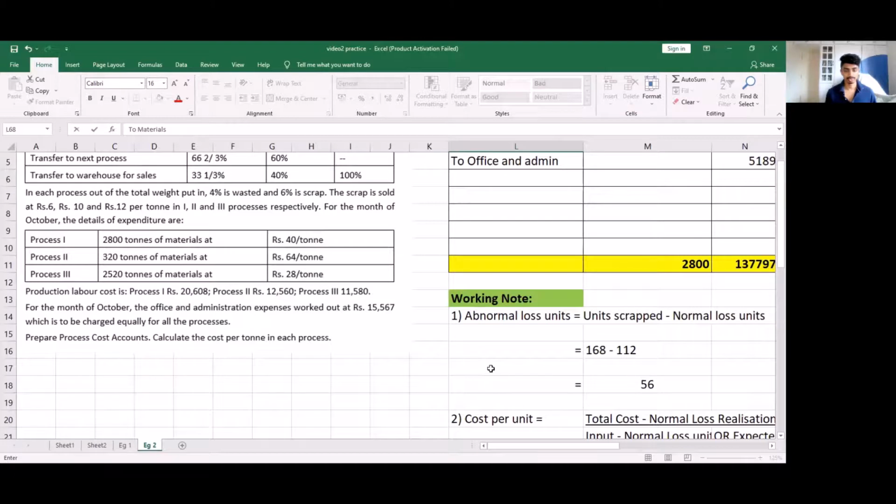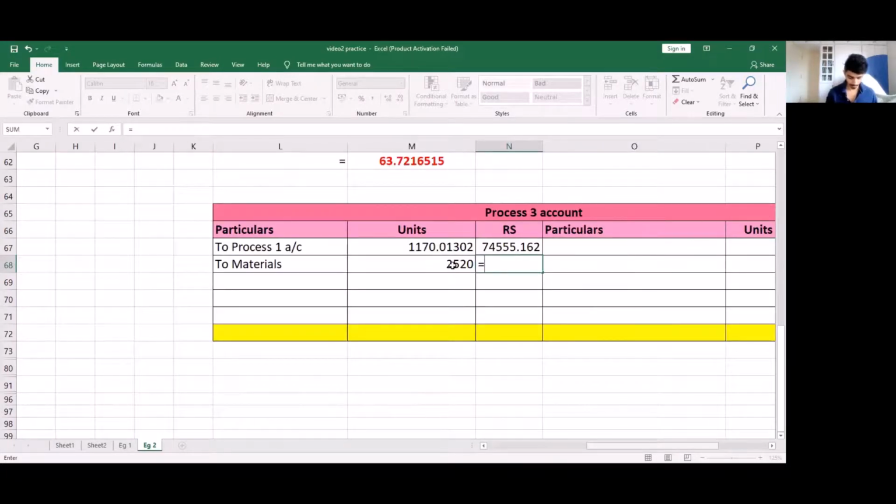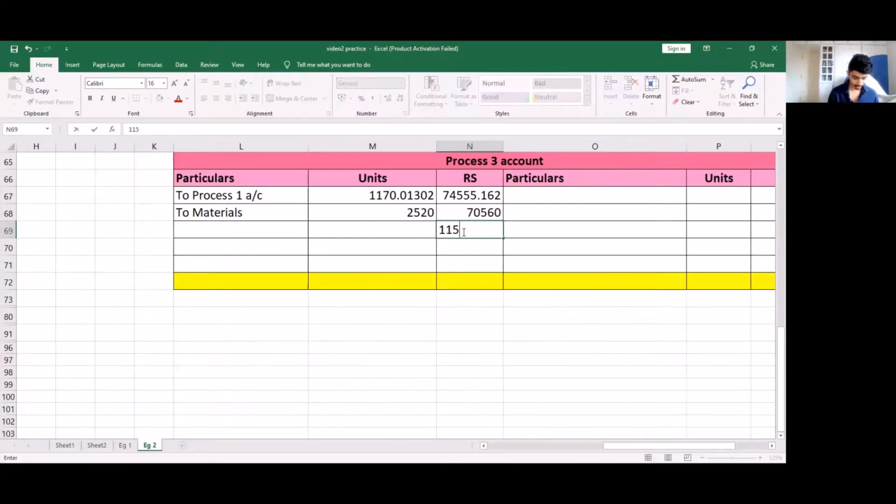That's 2,520 units at 28 per ton. This gives us 70,560. Then our labor cost is 11,580.